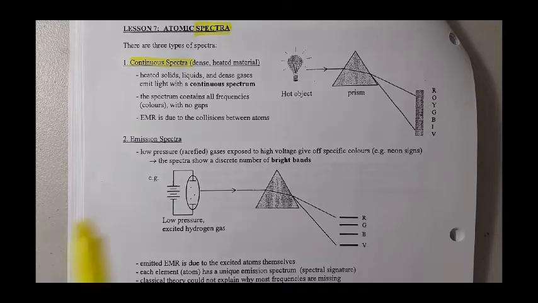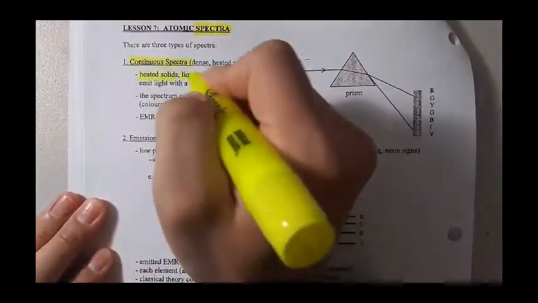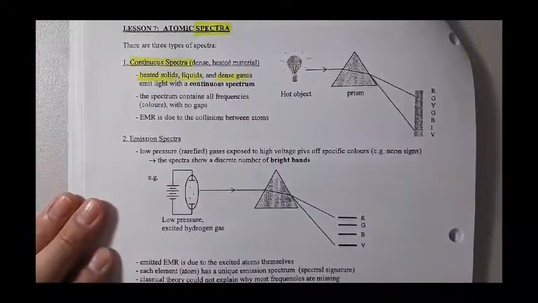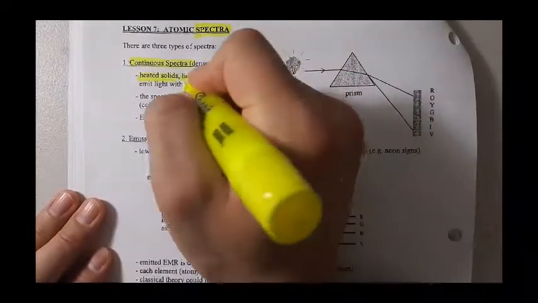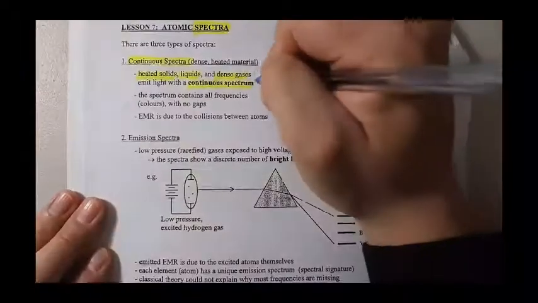It's because if you heat any type of matter, solid, liquid, or dense gas, it emits EMR. In fact, it emits every single EMR that it can possibly emit. Most of the time, it's visible spectrum, IR, those kinds of things. So continuous spectrum basically means it's a band of spectrum. Rainbow.